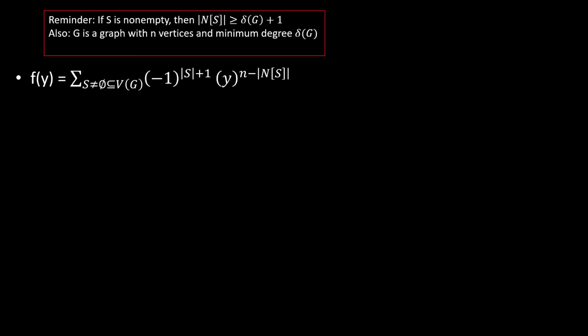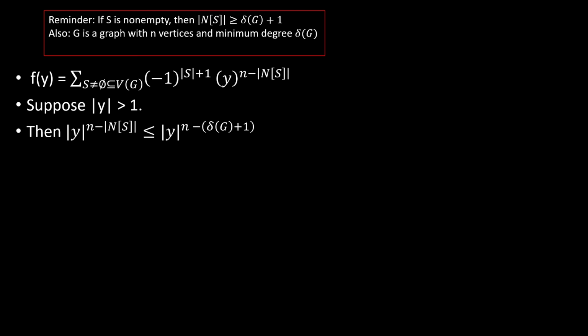Next, let's turn to the formula for f of y and assume for a moment that the absolute value of y is greater than 1. Then since we deal only with non-empty S in f of y, we have this inequality, because if S is a non-empty subset, then the size of the neighborhood of S is greater than or equal to delta of G plus 1.